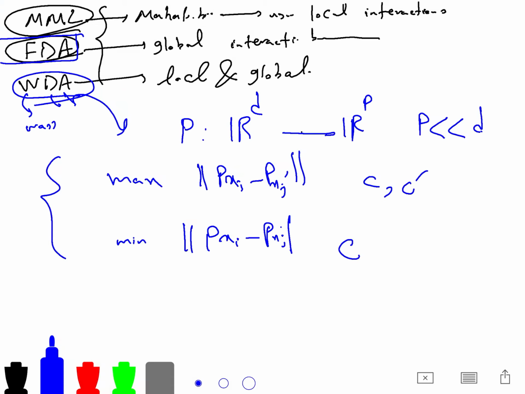That's why when we have a multimodal distribution, the performance of FDA is terrible, this one is bad, and this one is better.